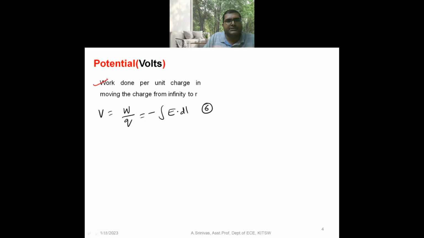The definition of potential is work done per unit charge in moving the charge from infinity to R. The general equation for electric field is 1 by 4 pi epsilon q by r square ar cap. Now let us substitute equation number 7 in 6.